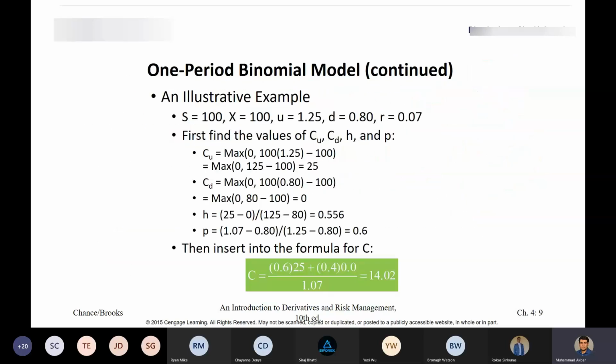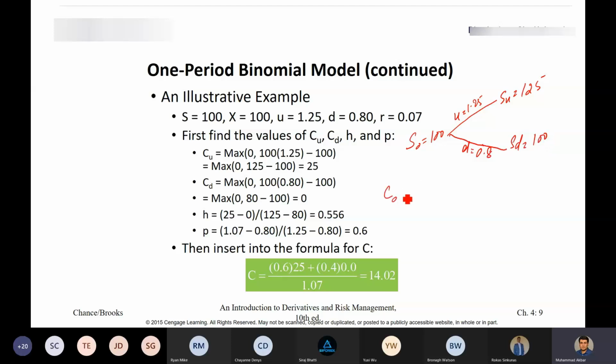If I take the example that we have here, let's suppose the current stock price is equal to 100. If the stock price goes up by 1.25, let's suppose U is equal to 1.25, SU will be equal to 125, and if it goes down, D is equal to 0.8, so SD will be equal to 80.